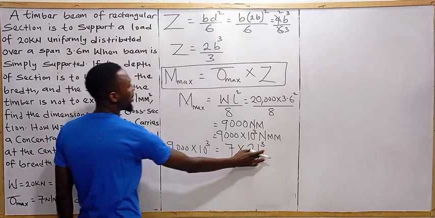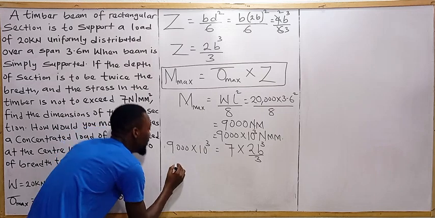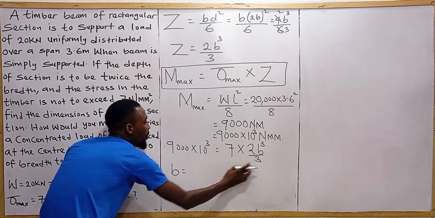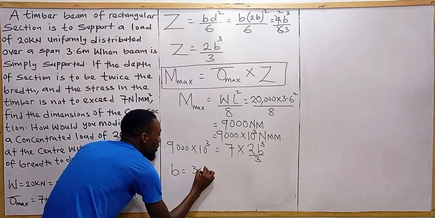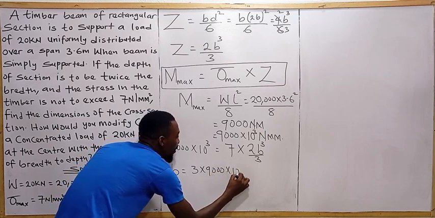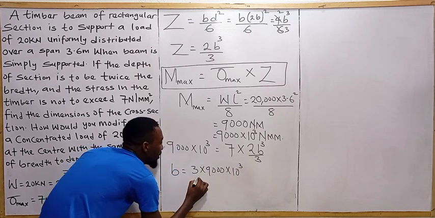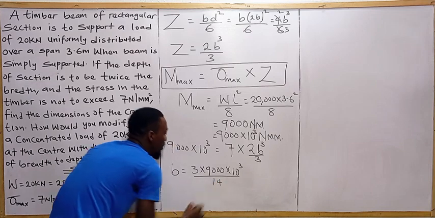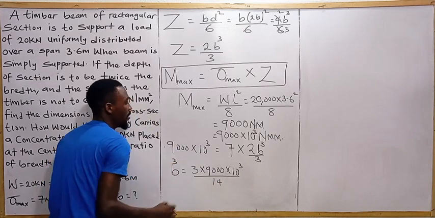If we make B the subject, B cubed will be equal to 3 times 9,000 times 10 to the power of 3, divided by 7 times 2, which is 14.